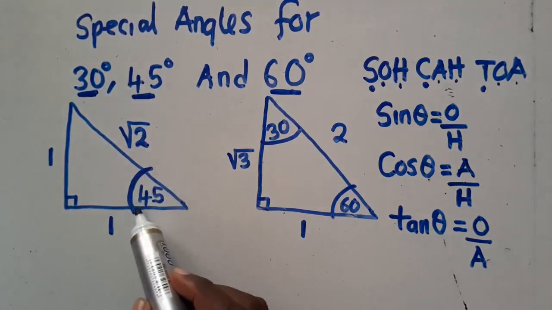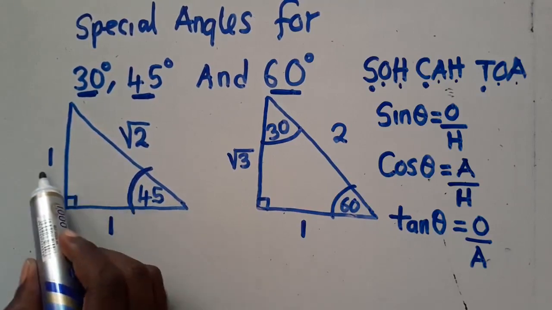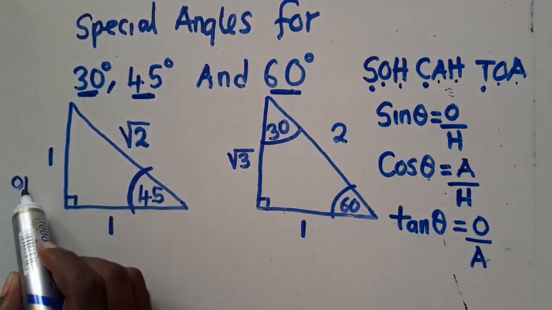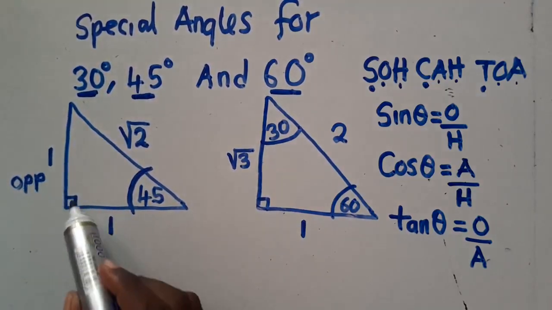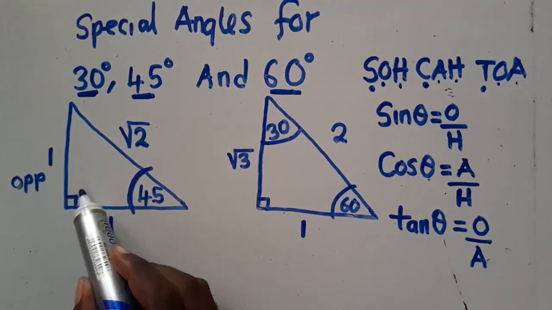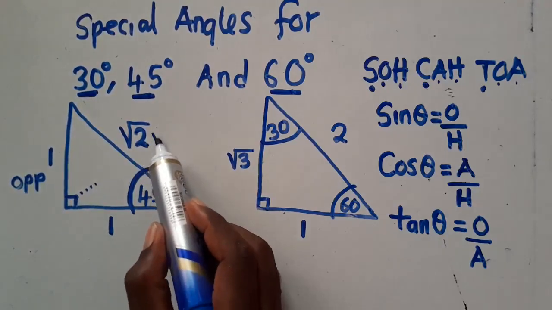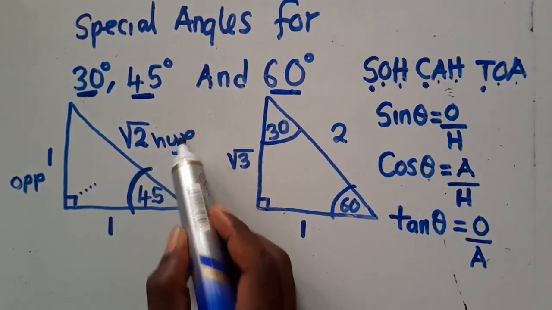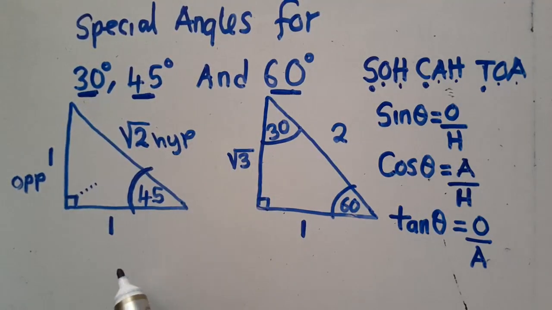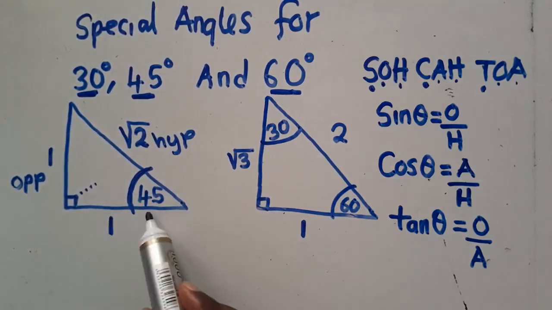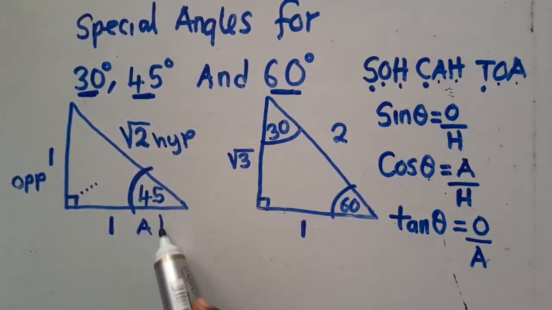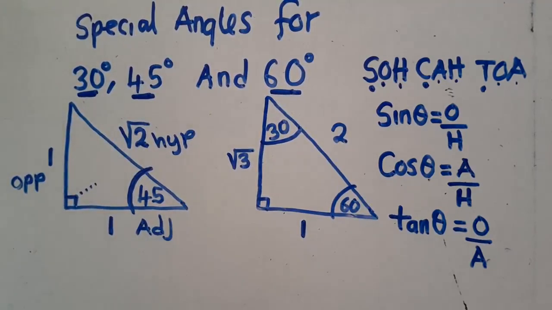This angle is facing this side, where we've got the opposite. Where this side is pointing, this is where we've got the hypotenuse. Then this one here, no option, but it will be called adjacent.